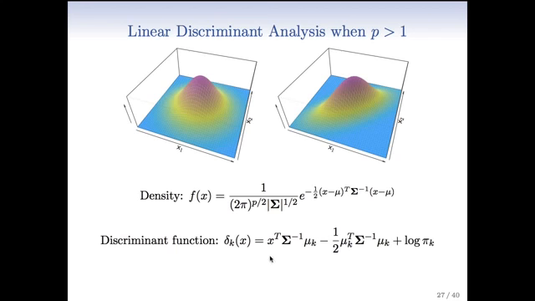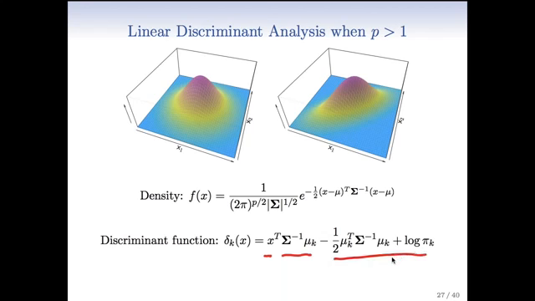You can form the discriminant function, which is given over here. It looks complex, but the important thing to note is that it's again linear in x. Here's x alone multiplied by a coefficient vector, and these are all just constants. So this again is a linear function.